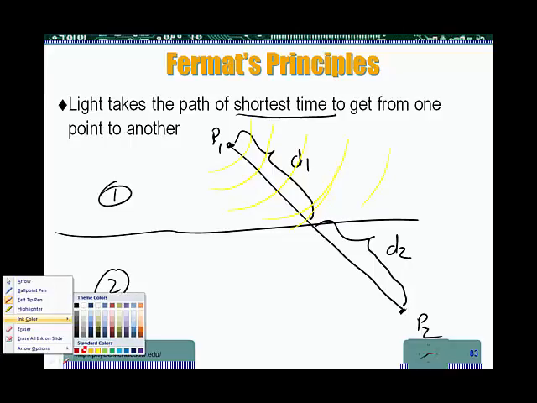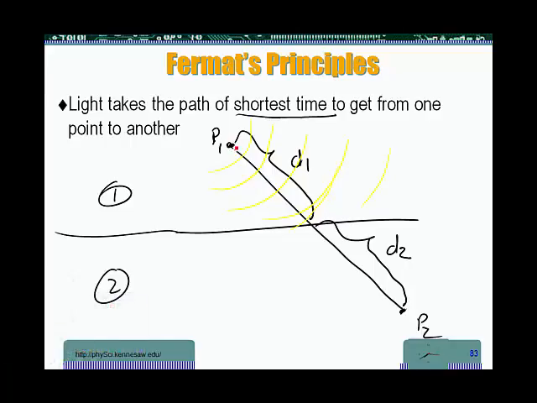One option might look like increasing D1 as much as we can and decreasing D2. And that's the path that the light is going to take. And you see in this particular path, there is a bending.